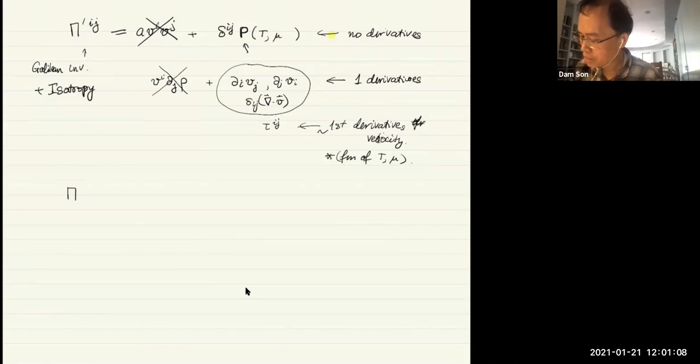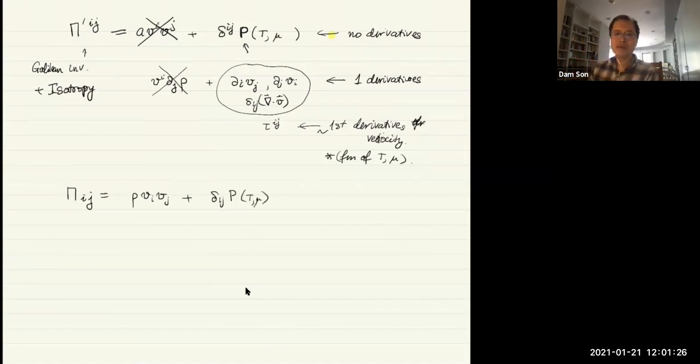So let us summarize what we have found here. Pi ij has to be equal to rho vi vj, where rho is just the density of particles, plus some delta ij times p, which is some function of T and mu, and then plus a term with first derivative, tau ij.